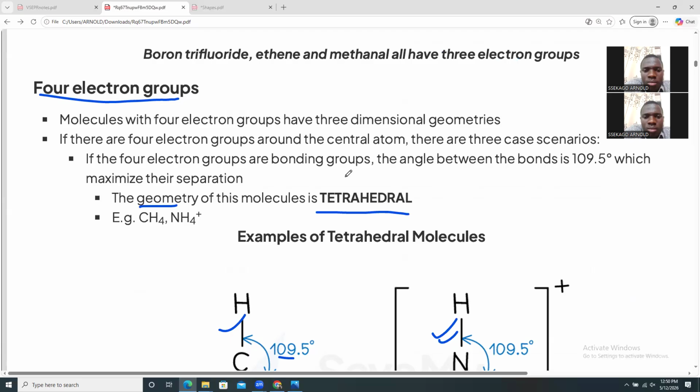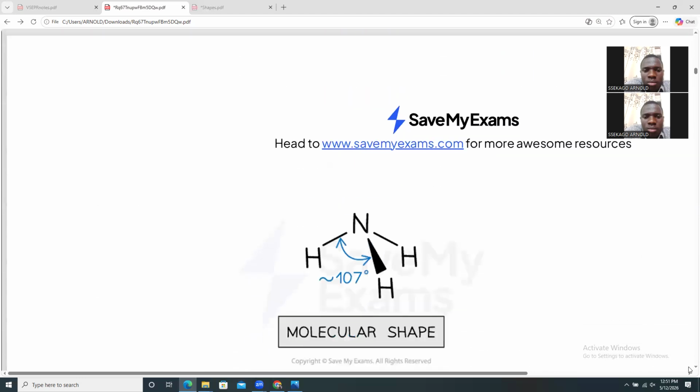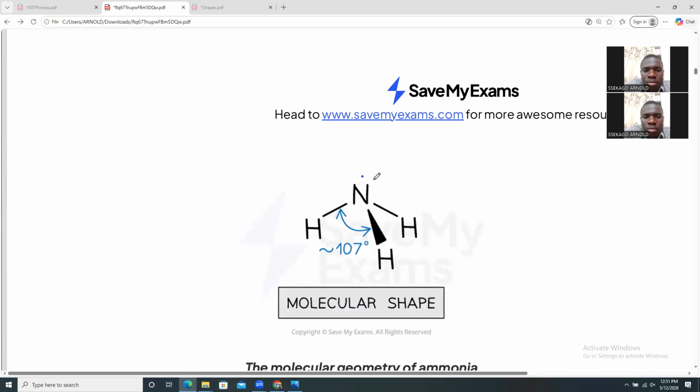However, remember, an electron group is a single bond, double bond, triple bond, or lone electrons. In ammonia, these are 4 electron groups. You see this line here, this is 1 electron group, this is another, this is another, then this lone pair is also another group. There are 4. Don't look at the bonds only.